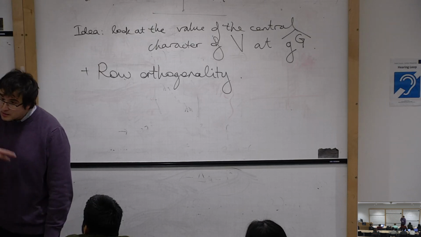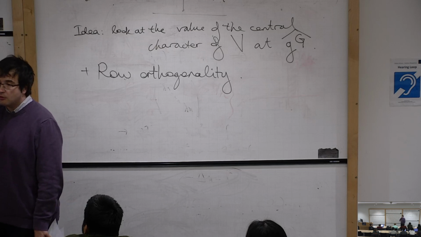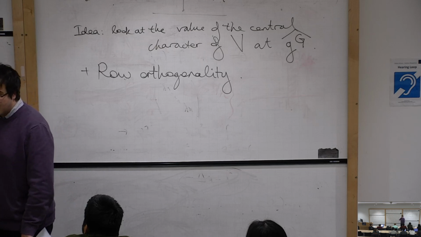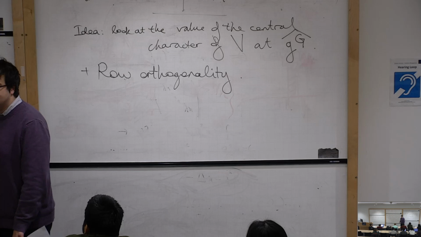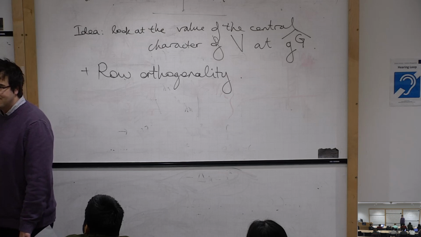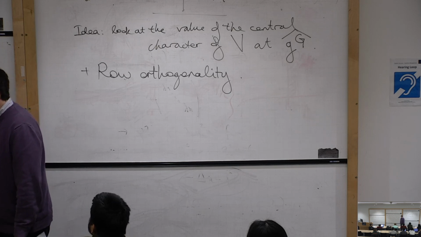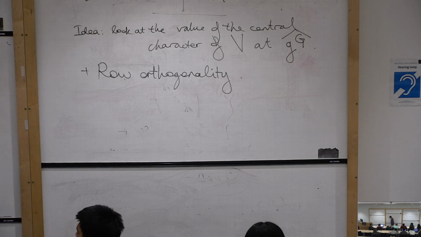But central elements always act by endomorphisms, therefore they must act by a scalar, and the value of that scalar is the central character. So the central character is the function from the center of the ring to the scalars, which encodes how the center acts on the module.